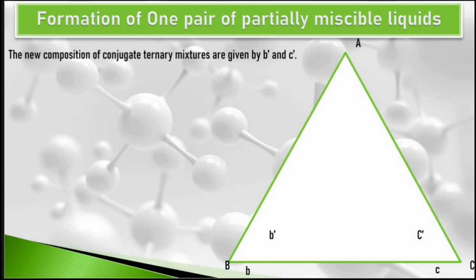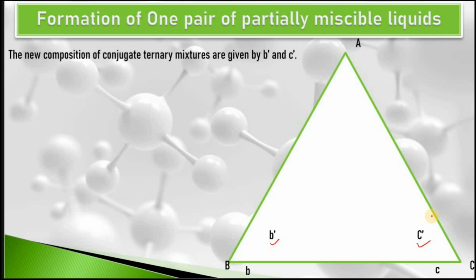And when the third liquid A, which was miscible in B as well as C separately, was added to this conjugate solution, we got two conjugate ternary solutions with different compositions. And the new compositions of ternary solutions were such that miscibility of B in C or miscibility of C in B was more in presence of A. As a result, we got new compositions B dash and C dash.